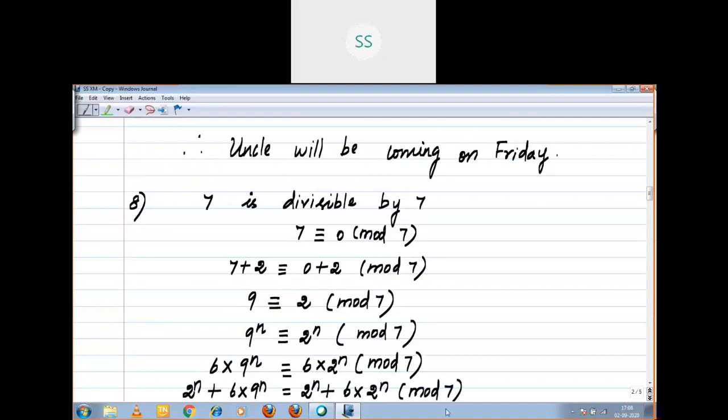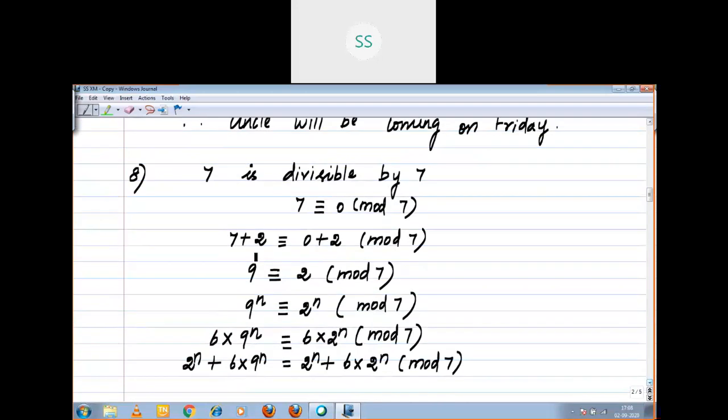Now what can I arrive? See, your congruence is equal to 2 power n, you should take it as common, 1 plus 6, modulo 7. That means 2 power n into 7, modulo 7.